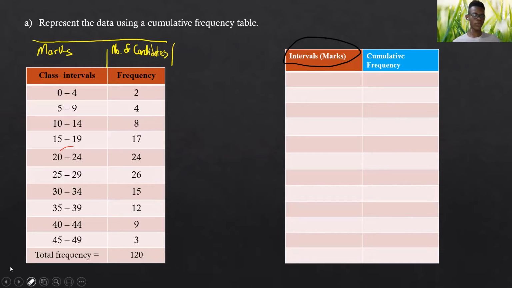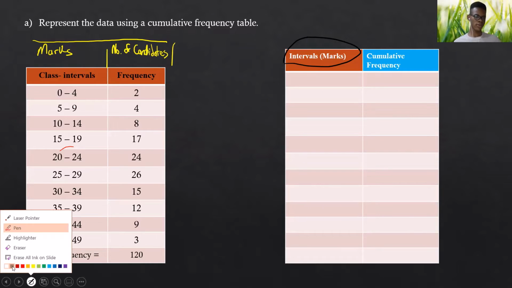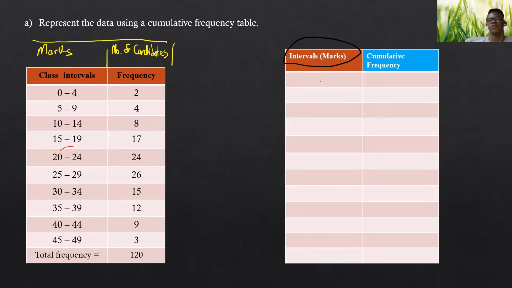Not just 4. Less than 4.5. Or what else can we put instead of less than 4.5?